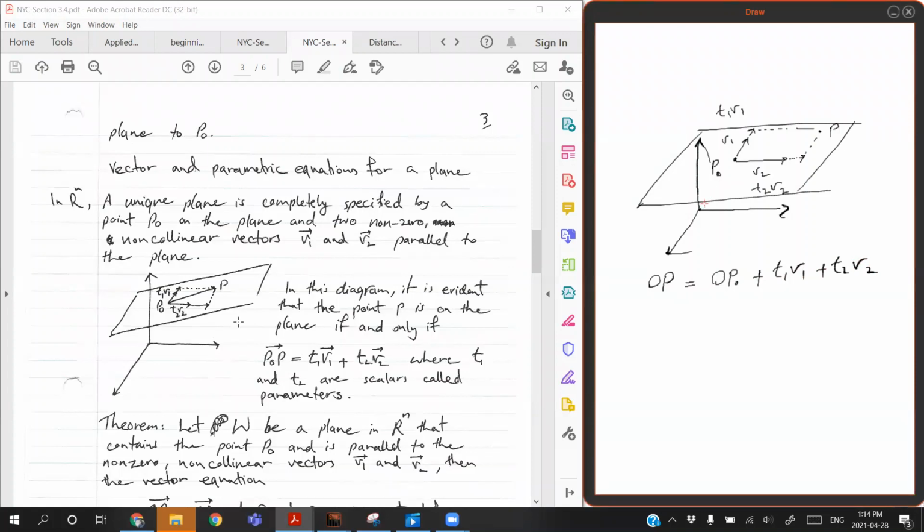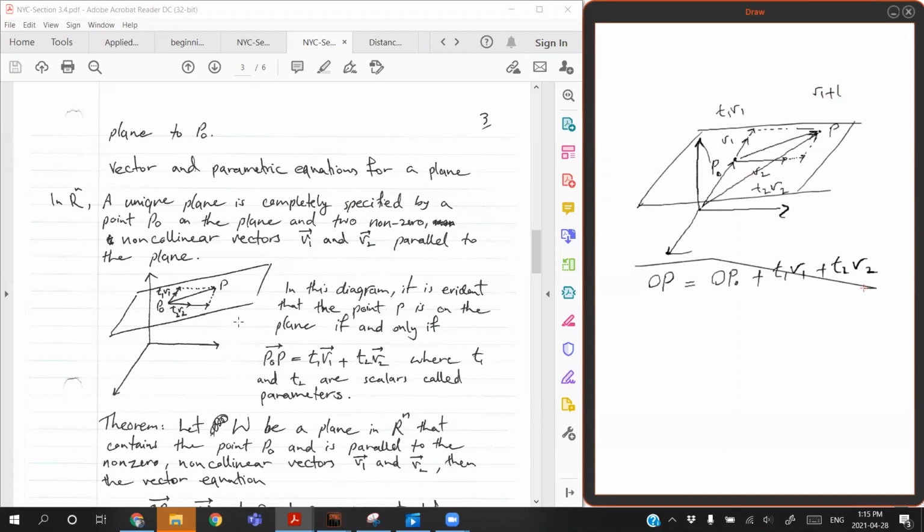So the vector OP, which is an arbitrary point from the plane, is going to be the vector OP0 plus the sum of these two. The sum of these two is this vector here, and it's going to lead us to P. This vector that I have here is t1 v1 plus t2 v2.